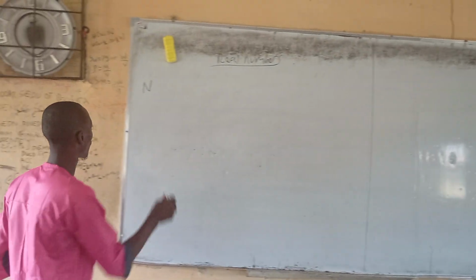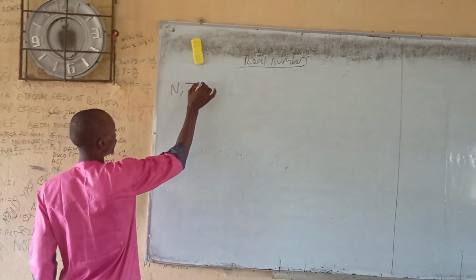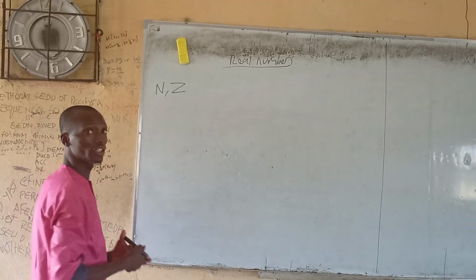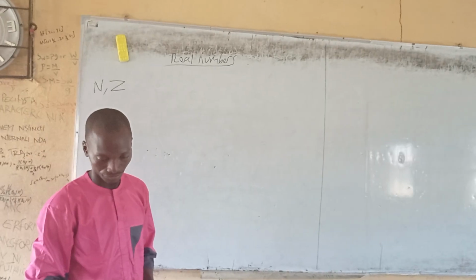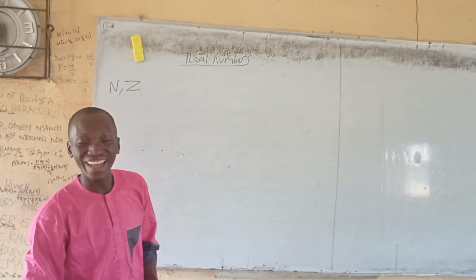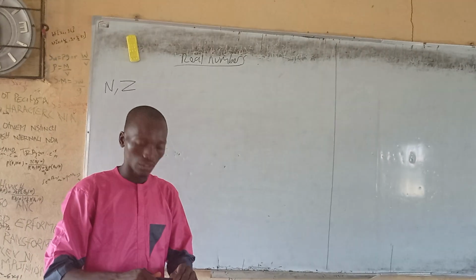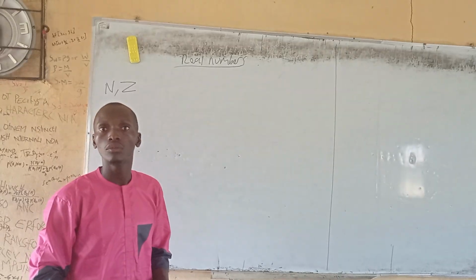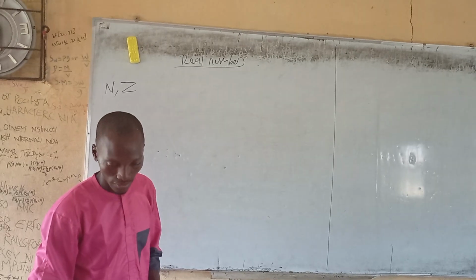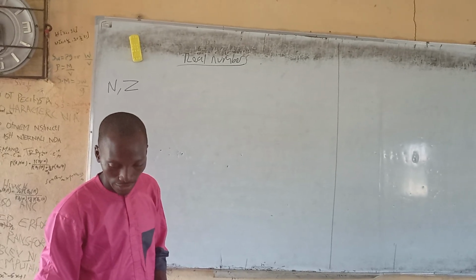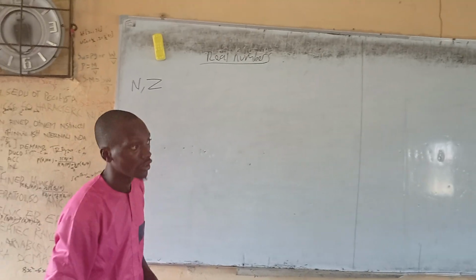Integers are denoted as what? As Z. These include negative numbers. Integers are negative numbers, 0, and positive numbers.